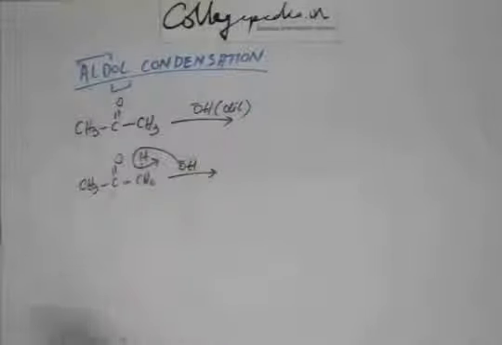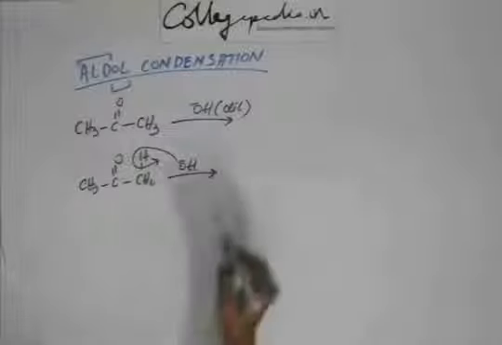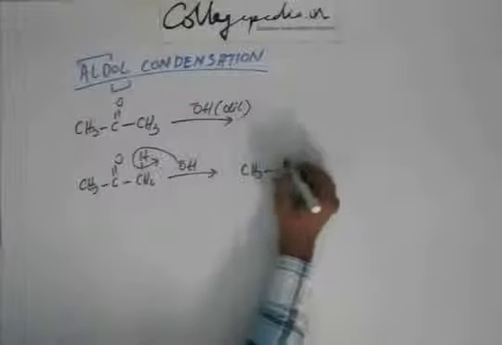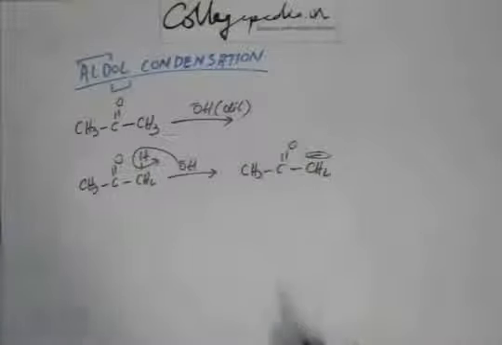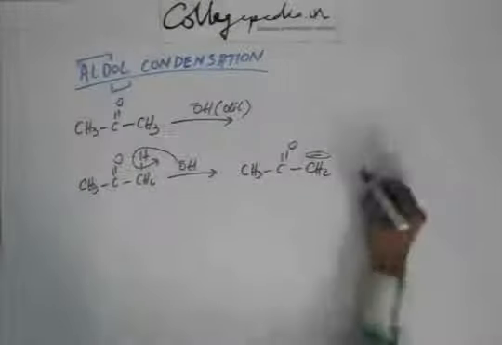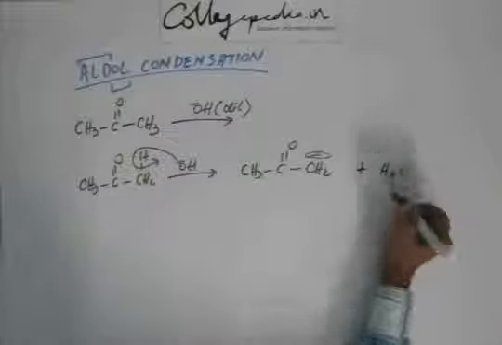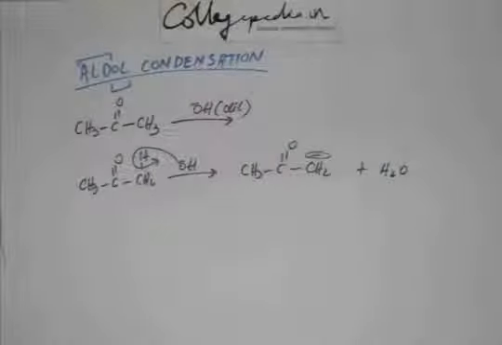I'm glad you predicted that. Fine. So you develop a negative charge on this carbon from which H plus has been abstracted, and this OH minus becomes a stable molecule, H2O.